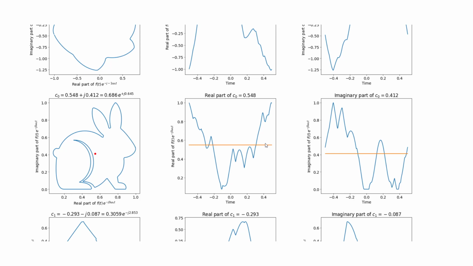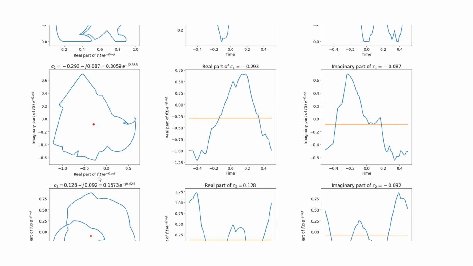You take the average and you do the same for the imaginary part. Since k is equal to 0, what we obtain here is C0, where you have the real part over here and the imaginary part over here, and this corresponds to a complex number that is located at the center, if you can say this, at the center of the rabbit.